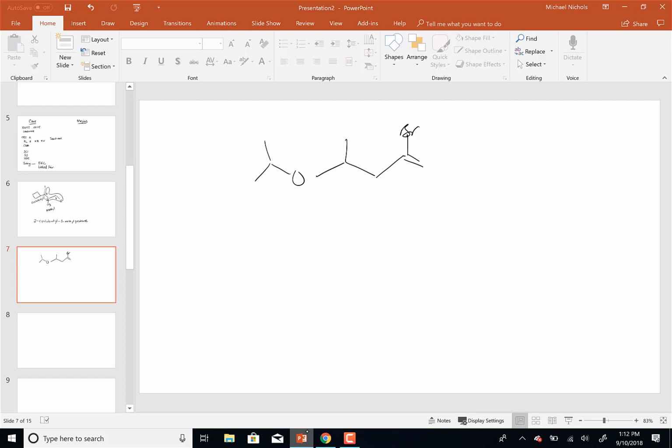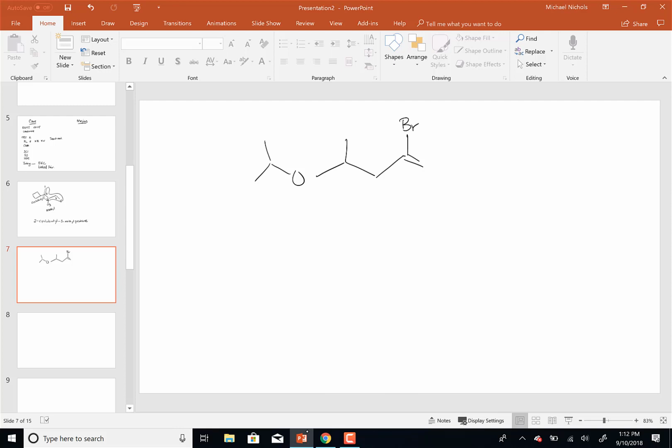No. That's a Br. So there's a halogen, but it's not really a functional group. What else do we have? Okay, so we've got an alkyl halide. What else?